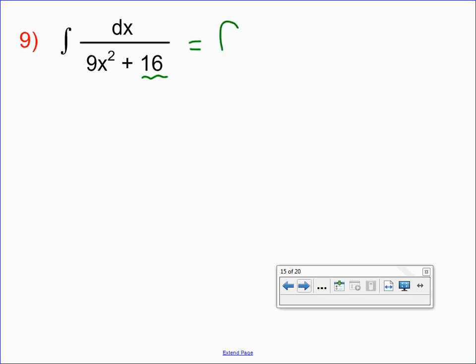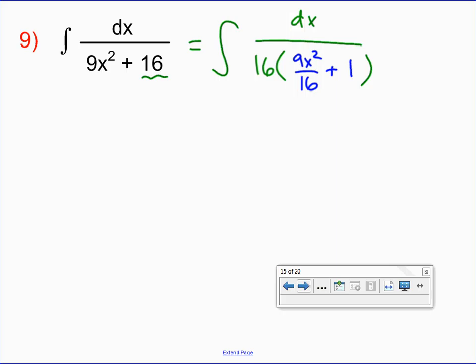Let's try that. So we'll go ahead and factor out a 16, and that would leave me with 9x squared over 16, because 16 times that would equal 9x squared, plus 1, right? Isn't that right?